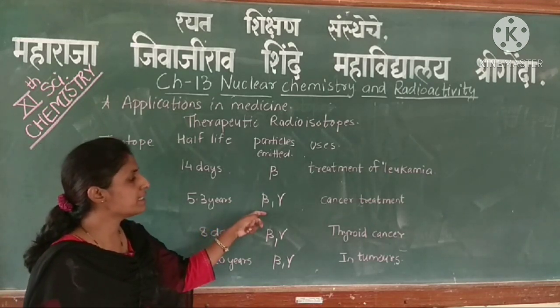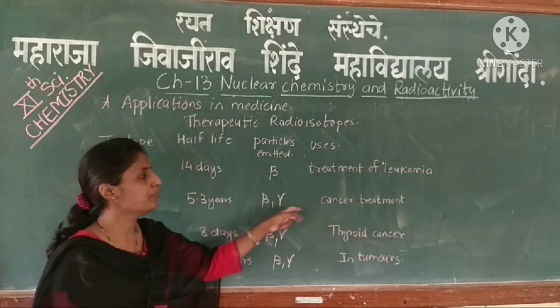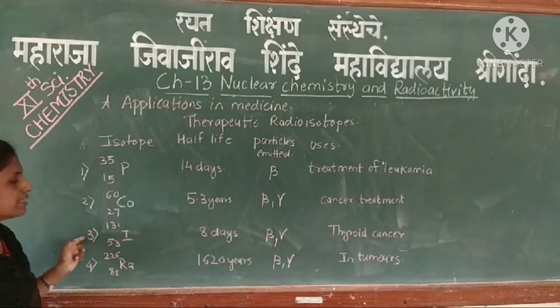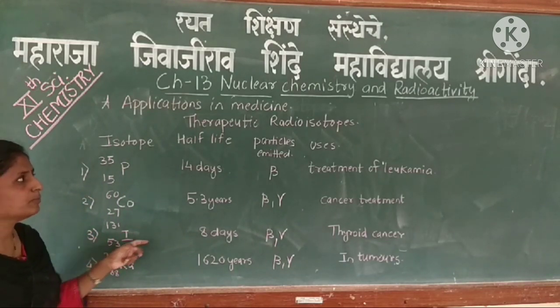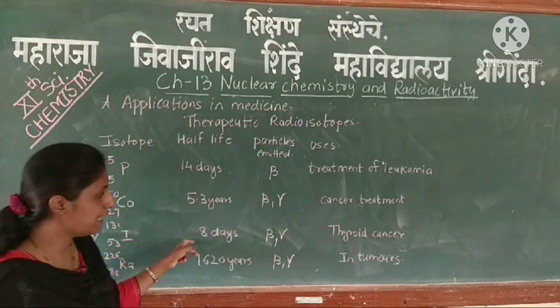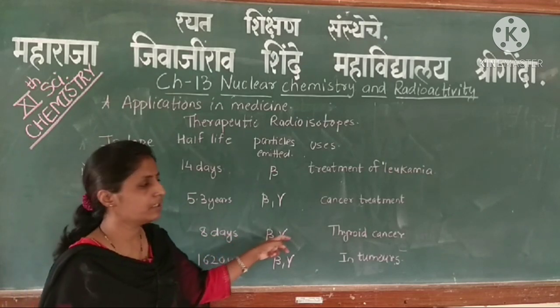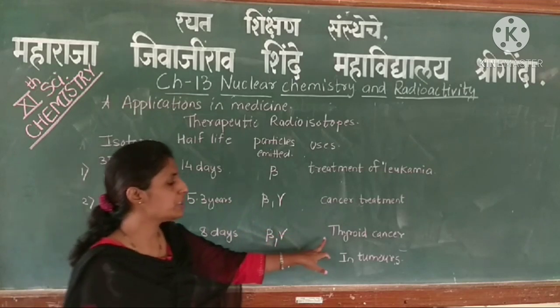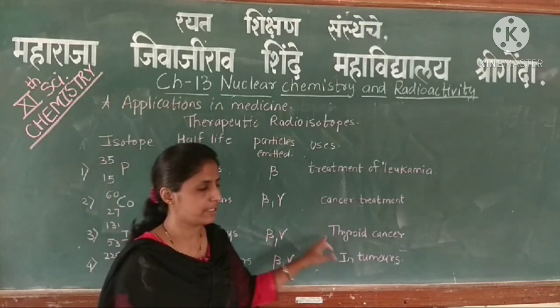The particles emitted are beta and gamma, and it is used for cancer treatment. Third is the iodine 131 isotope. It has a half-life of 8 days. It gives beta and gamma particles after emission, and it is used in the treatment of thyroid cancer.